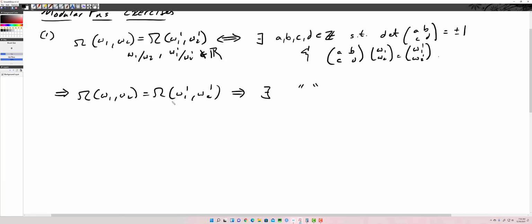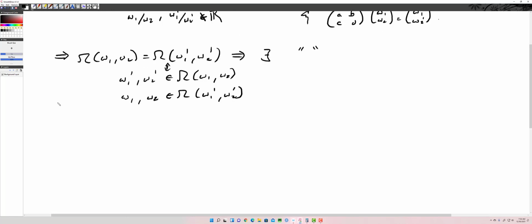Another way of saying that is that omega 1 prime and omega 2 prime are in this lattice, and omega 1 and omega 2 are in this lattice. These two things are equivalent, right?